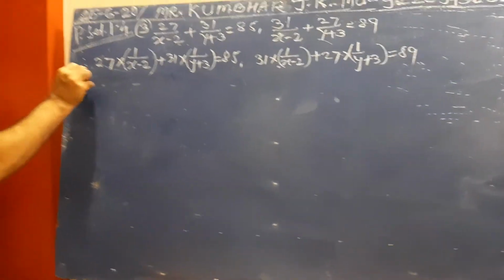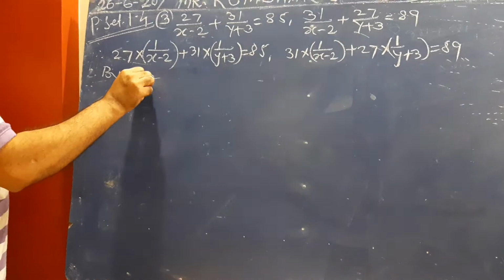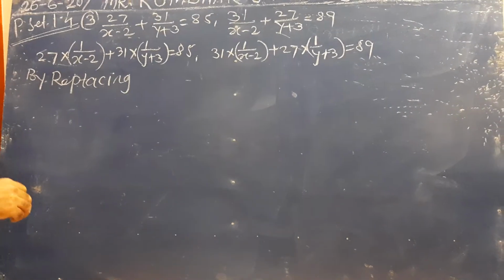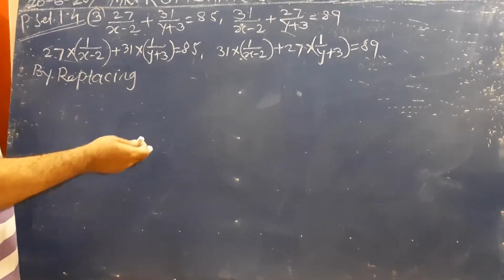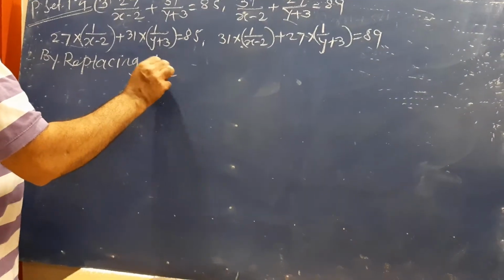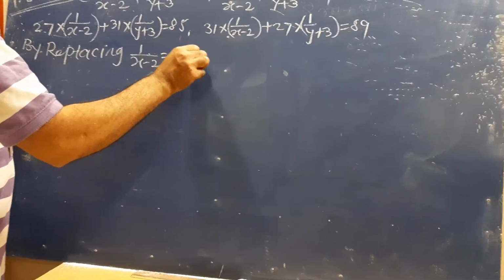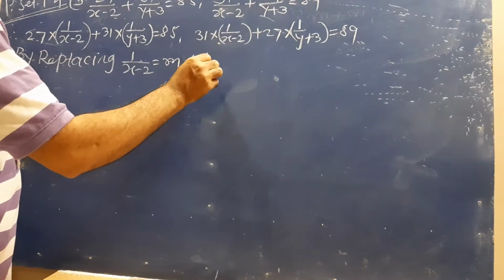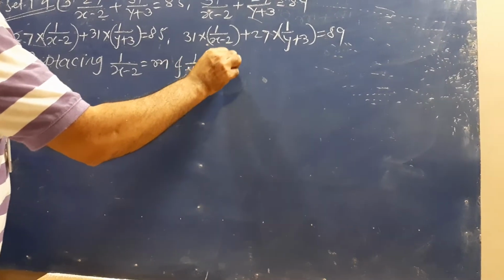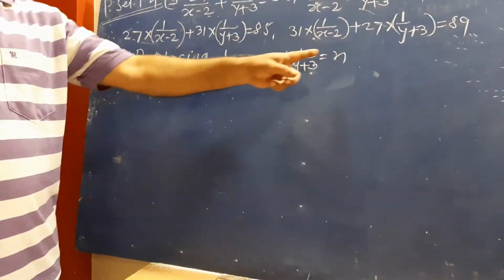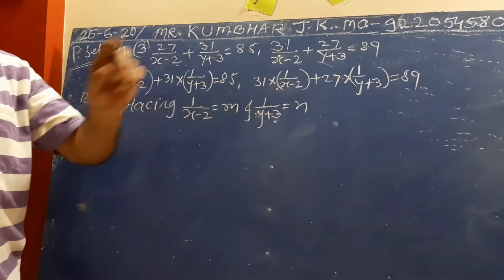By replacing, what is our next step? By replacing or resubstitute or put, 1 upon x minus 2 is equal to m and 1 upon y plus 3 is equal to n. Except x and y, we can take any variable here from a to z.